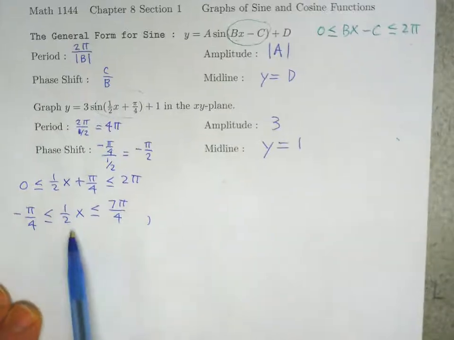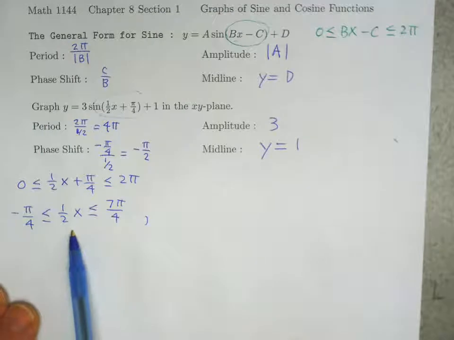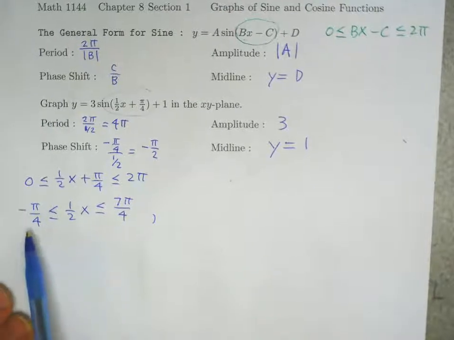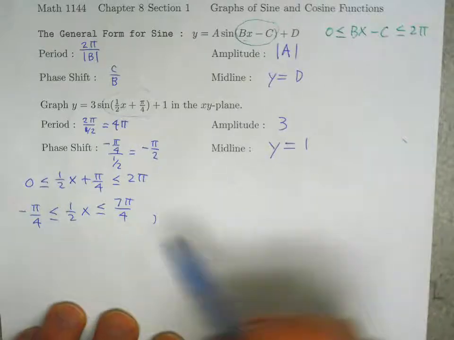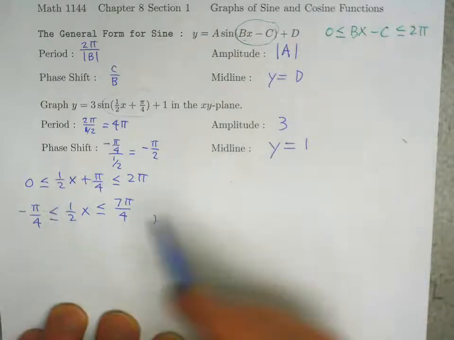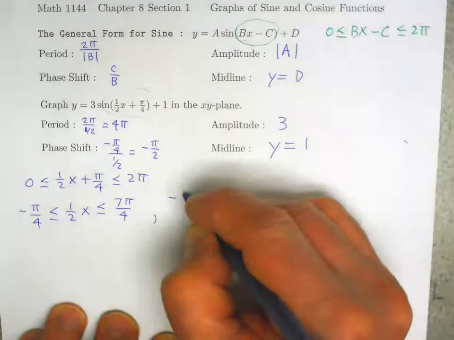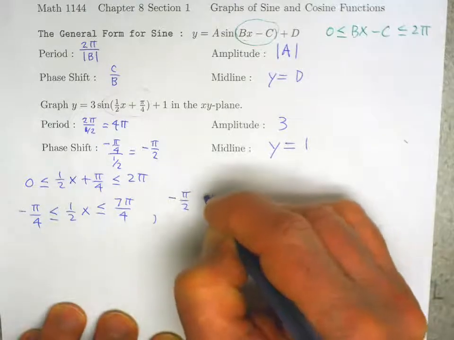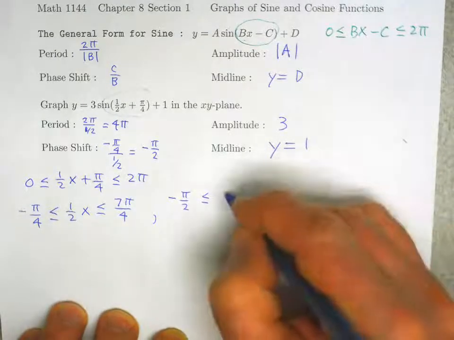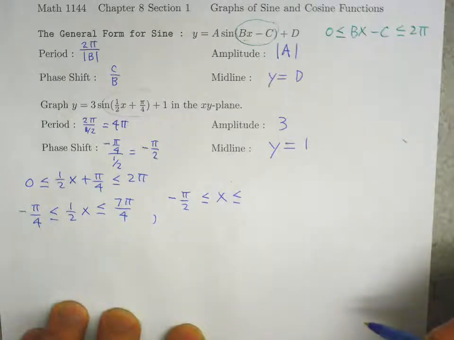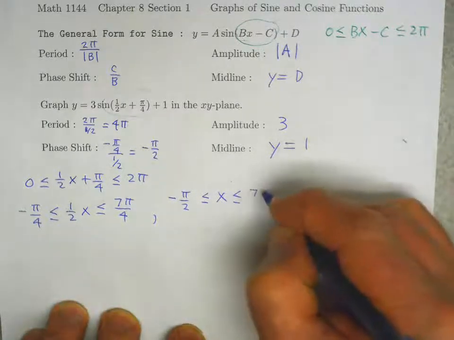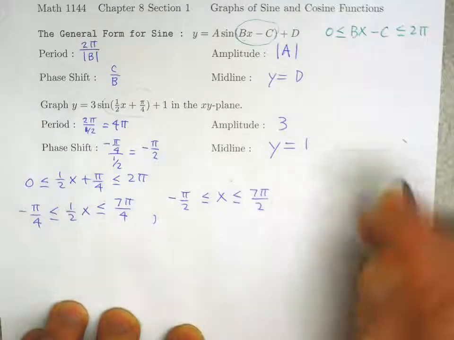And then the next step to solve for x, multiply all 3 parts by 2. So negative pi over 4 times 2 is negative pi over 2. 1/2 x times 2 is x. 7 pi over 4 times 2 is 7 pi over 2.